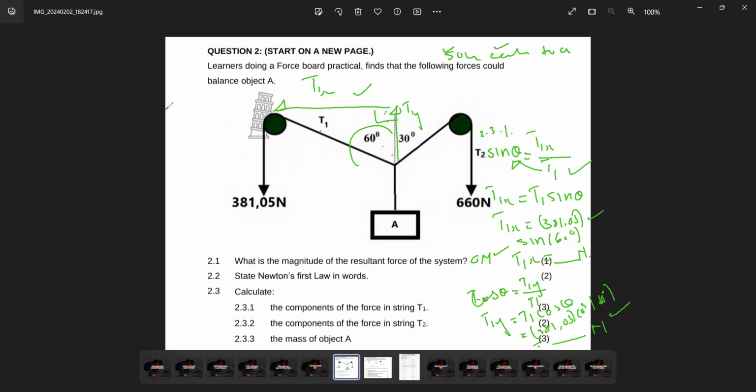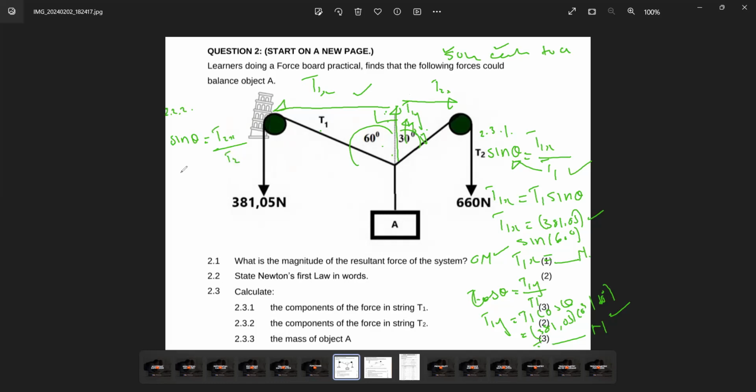Again, 2.2.2, which is this one, the components of T2. We start here: going that side it is T2x, going this side is T2y. Because of this angle, we use sine theta, which equals opposite, T2x, over hypotenuse, T2.